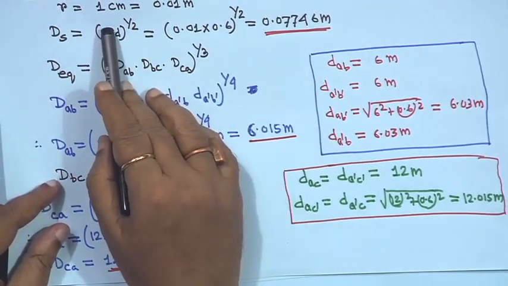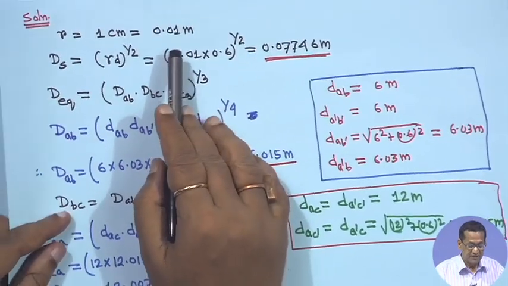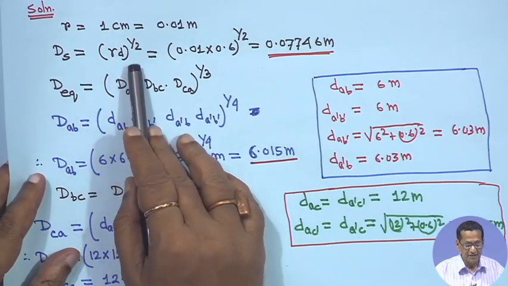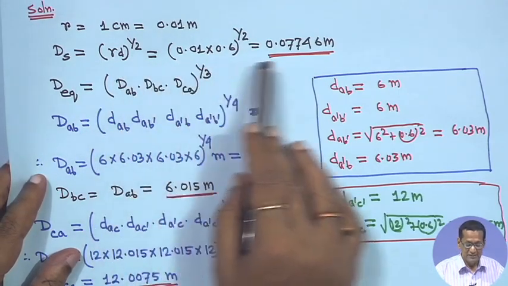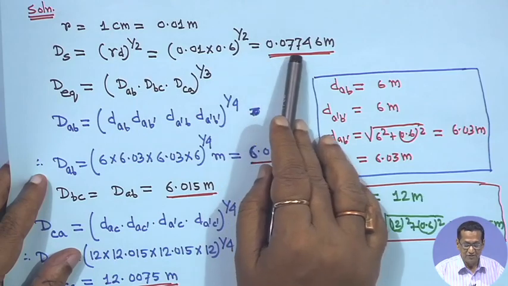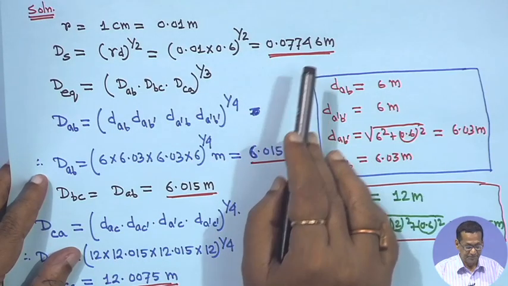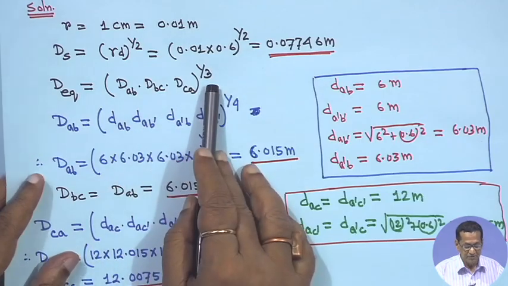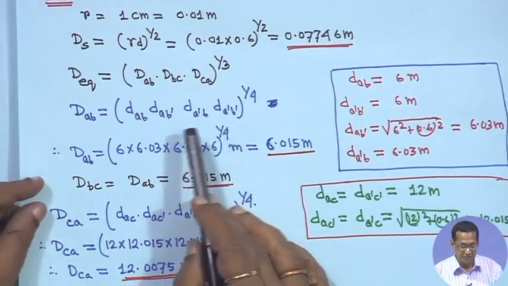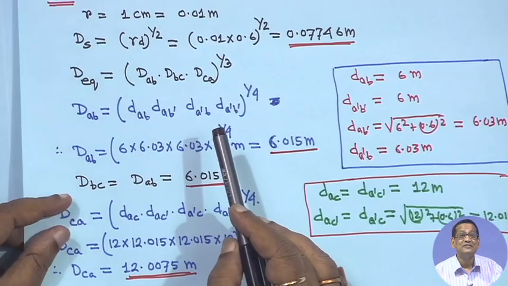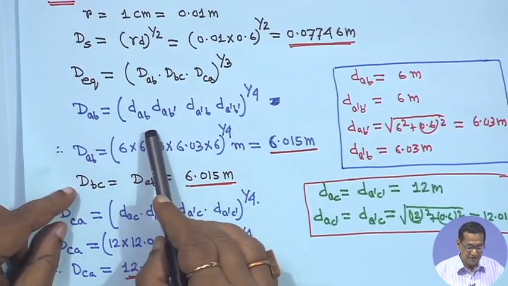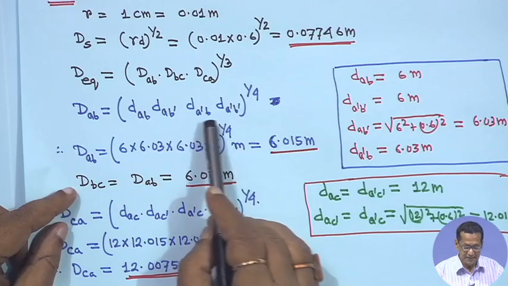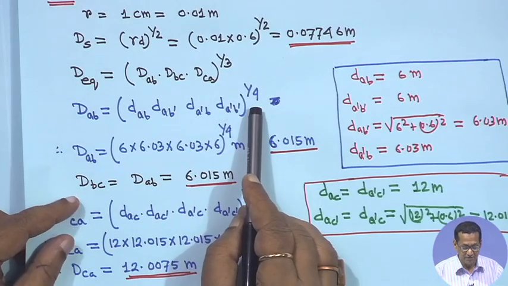R is given as 1 centimeter, equal to 0.01 meter. DS you can easily calculate, root over R d to the power half, and you will get 0.07746 meter. DEQ will be DAB, DBC, DCA to the power 1/3. Now, you know how to calculate DAB, DBC, DCA. DAB is equal to DAB, DAB dash, DA dash B, DA dash B dash to the power 1/4.